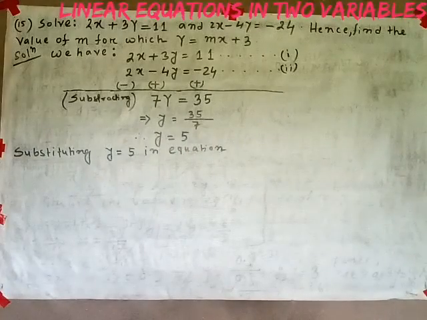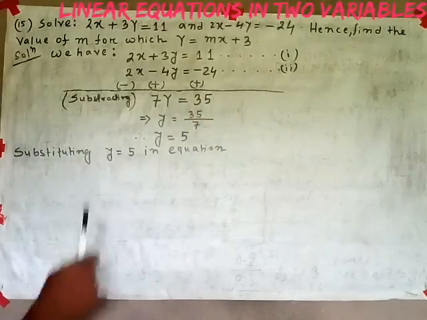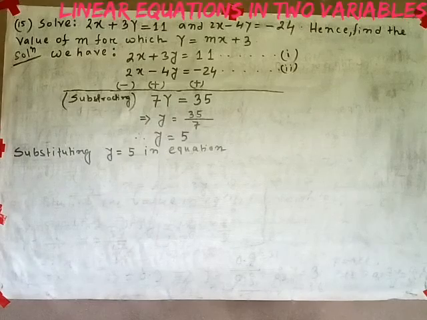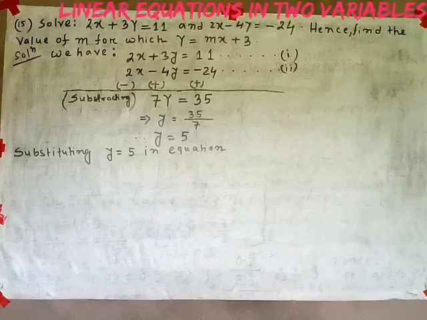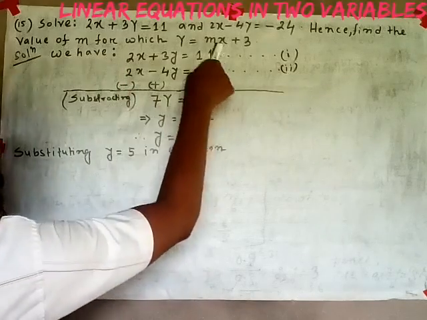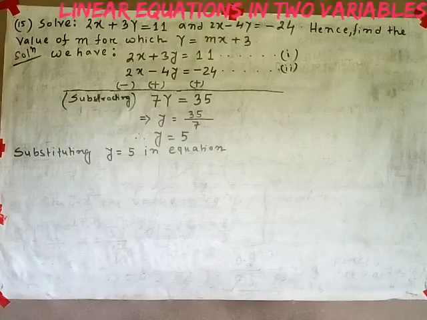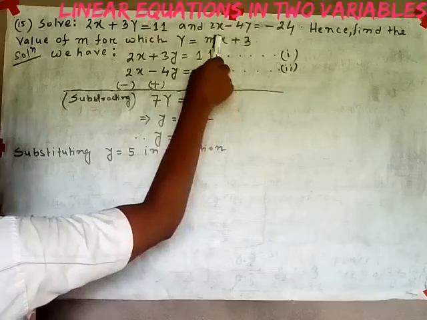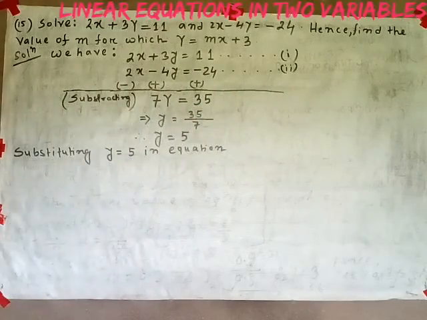We can see there are two equations. We can choose any one and put the y value, then we can find the x value. But we always try to choose the easier one. So here it is 2x plus 3y equal to 11, and there is no minus symbol. If there is no minus symbol in the equation, then it is easy to put the value and find the answer for the other term.